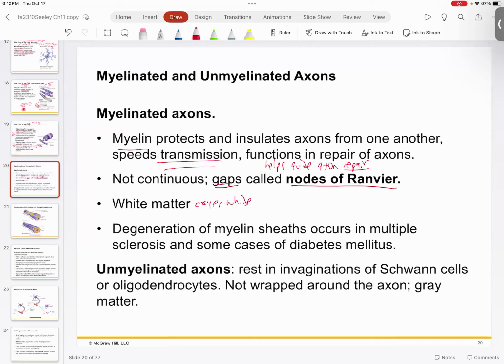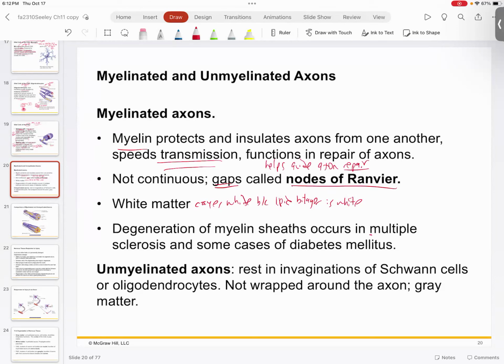So the reason why white matter is white is because of the lipids, because that lipid bilayer is whitish in nature. Now, if you were to degenerate the myelin sheath, then what you're going to get is discoordinated control.